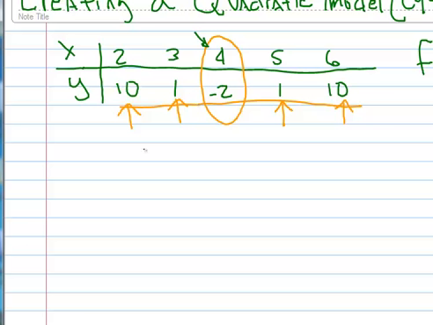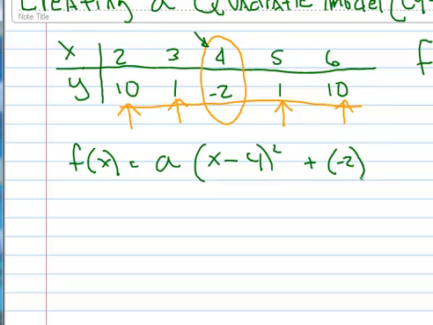Alright, so the next step is we're going to make our equation, or our function, and we're going to go ahead and just put in the h and the k. I'm going to make that plus a -2. I like to see it like that. Okay. So now I need to pick a point to be able to find a.